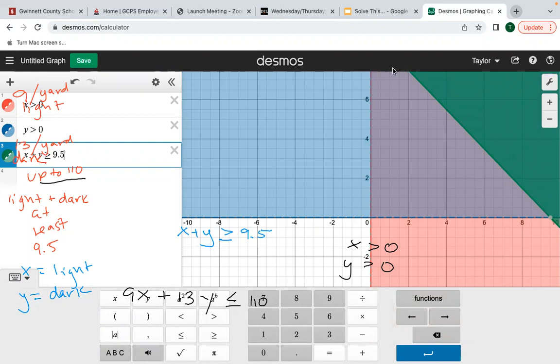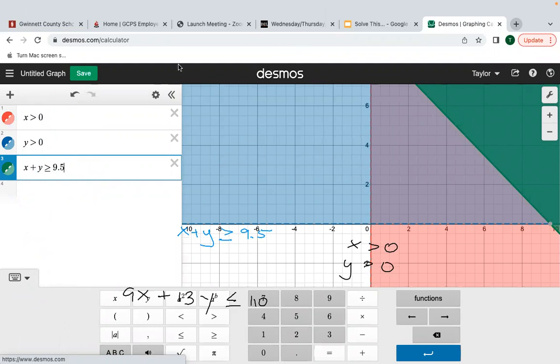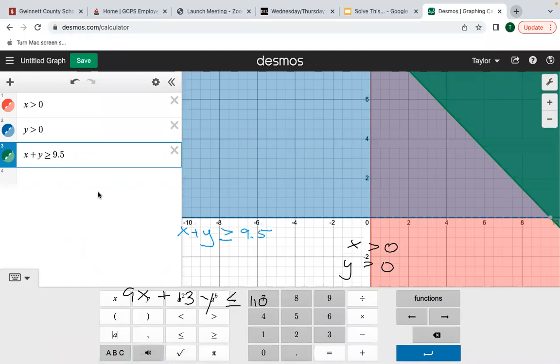I'm going to erase this side. Okay, we're going to type that last one in, and that's 9x plus 13y, less than or equal to 110.